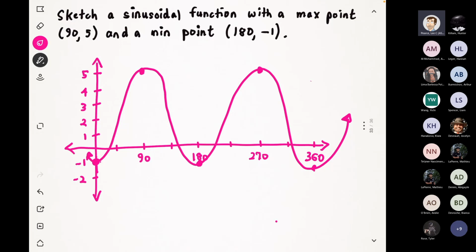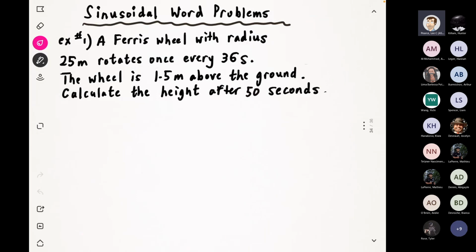So let's take a look at this problem right here. I'll give you a moment to copy this down. We're going to take a look at a Ferris wheel. And Ferris wheels resemble sinusoidal functions.